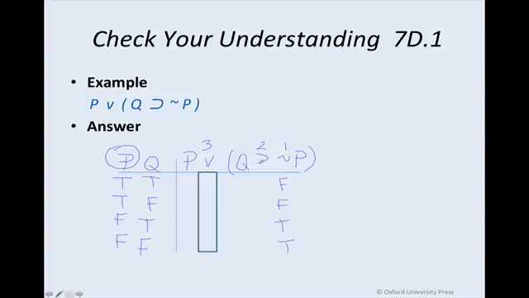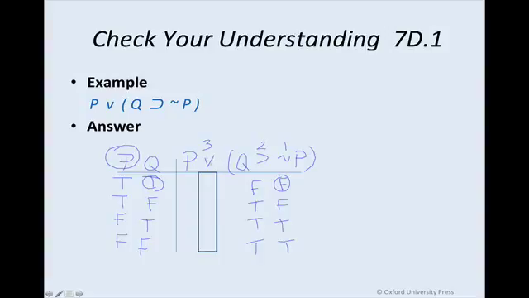Now let's look at the horseshoe. The horseshoe is false when and only when the antecedent is true and the consequent is false. In all other cases, the horseshoe is true.